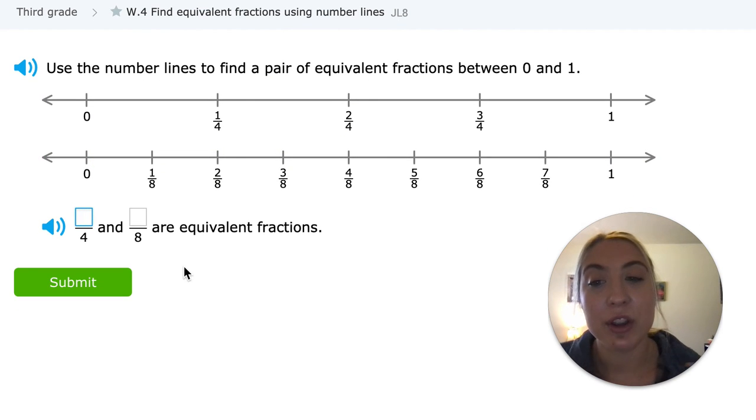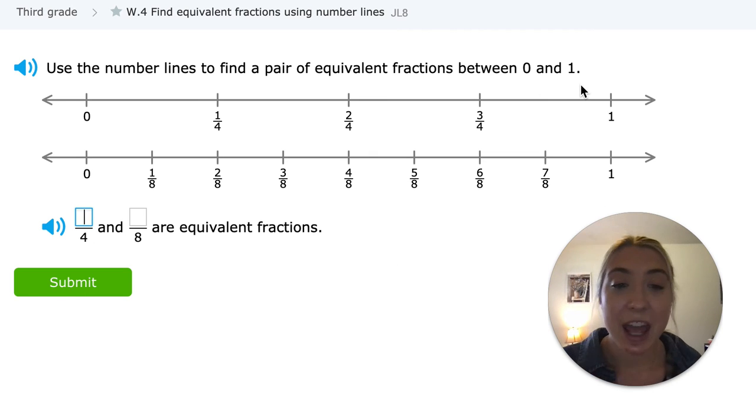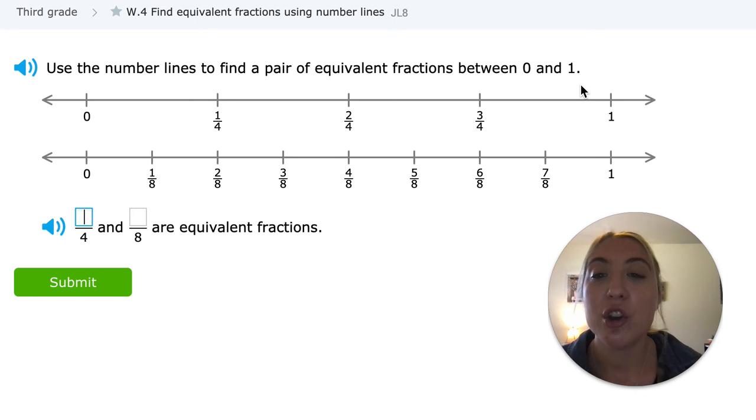So now they're asking us to do the same thing here. They're saying, what are two equivalent fractions between 0 and 1? And just like in our example, there could be more than one equivalent fraction. So we can start by noticing this one's divided into 4 equal parts. We can see the 4 at the bottom, which means there's 4 equal parts that make up the whole.